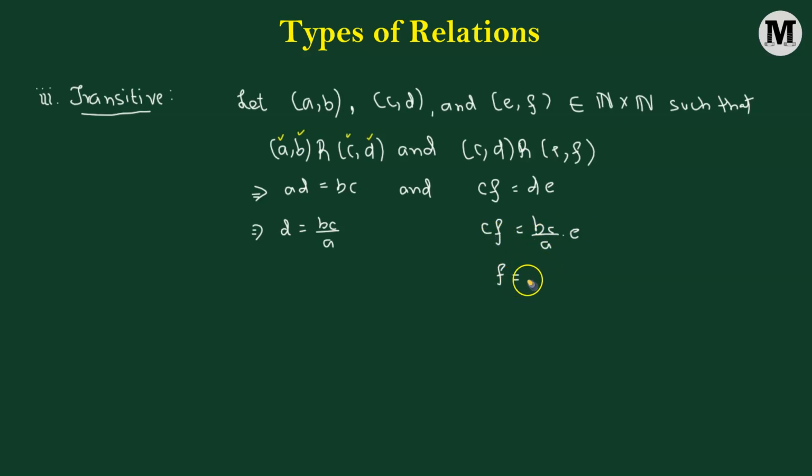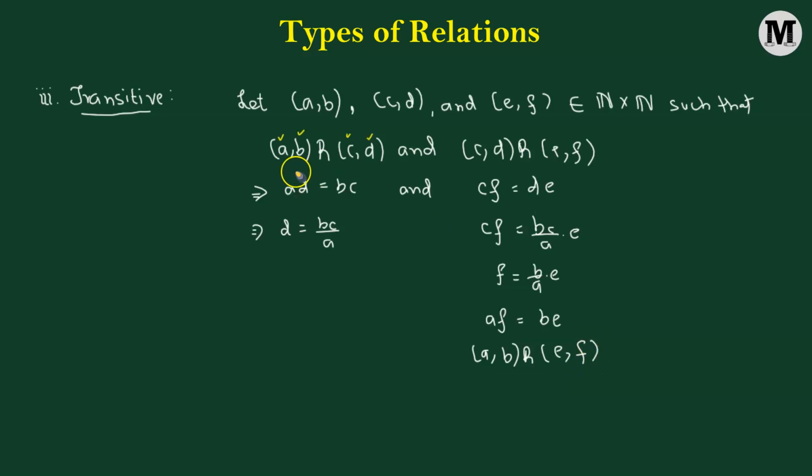So simplifying this gives us F equals B times E over A. Let's cross multiply to get A times F equals B times E. So here we have shown that AF equals BE. If AF equals BE, can we not say that A comma B is related to E comma F?